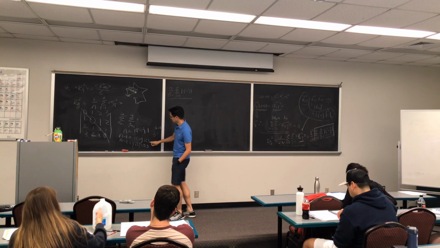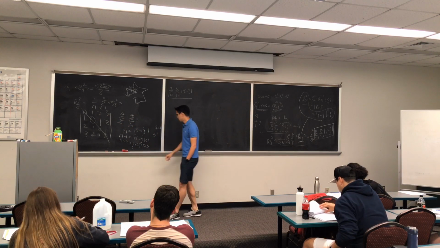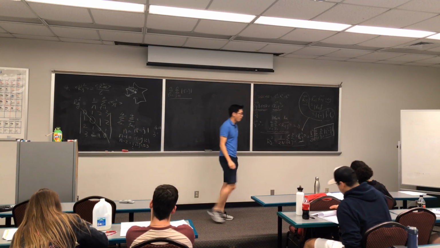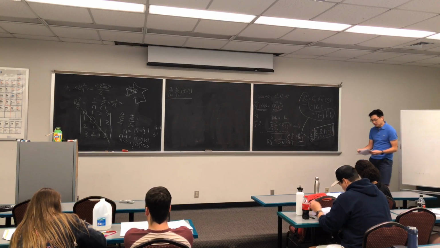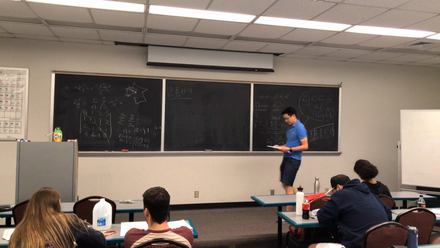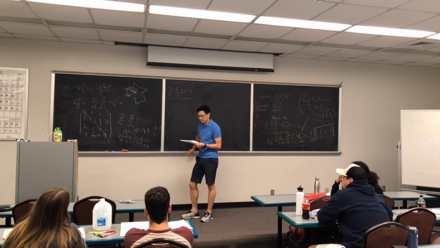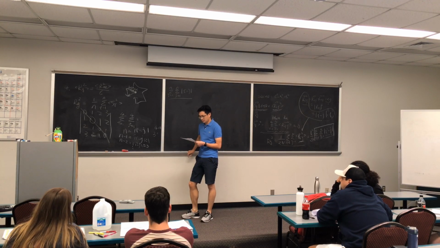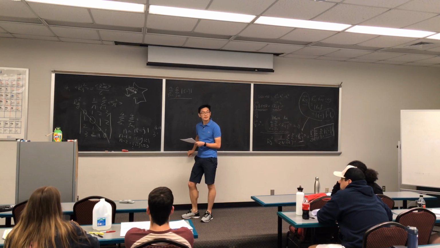Total occurrence of 3, and 2, and 1. Does everybody understand this part? Yes?